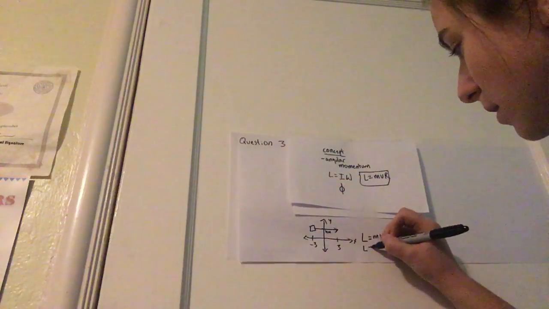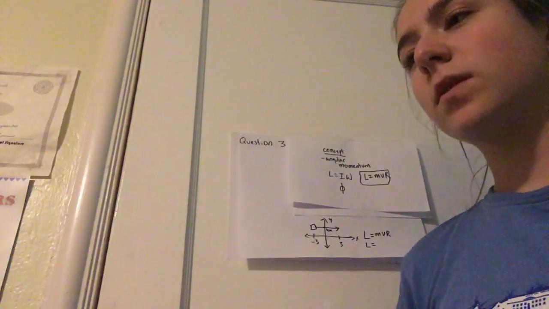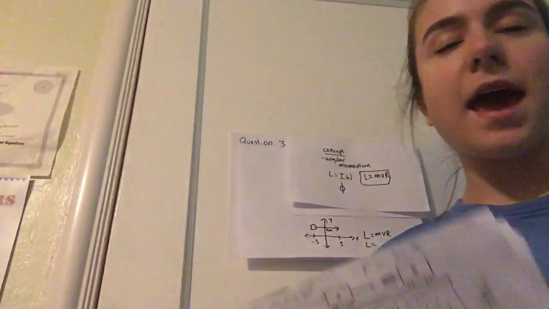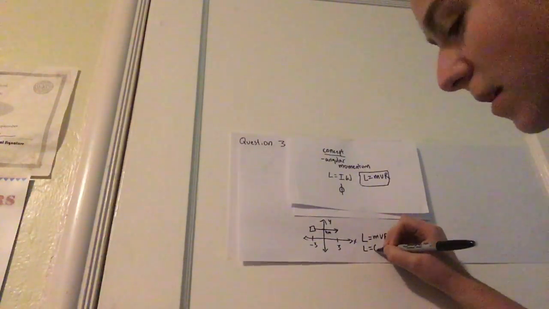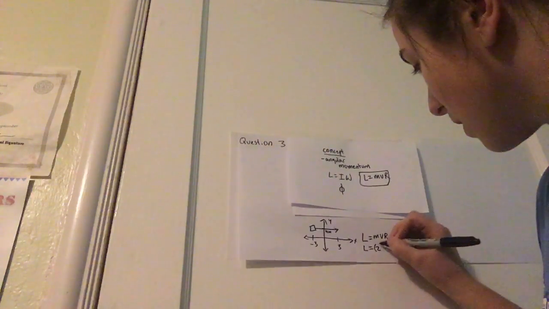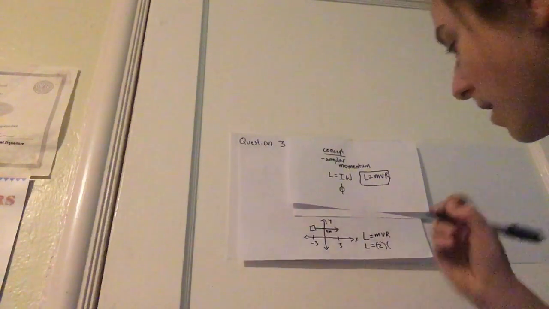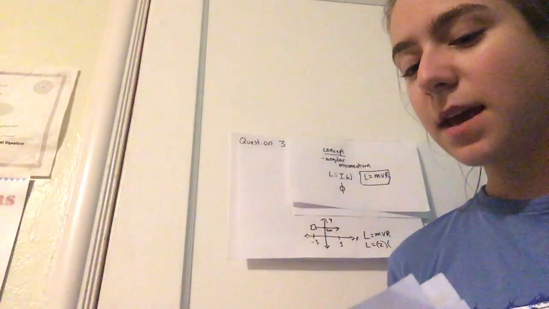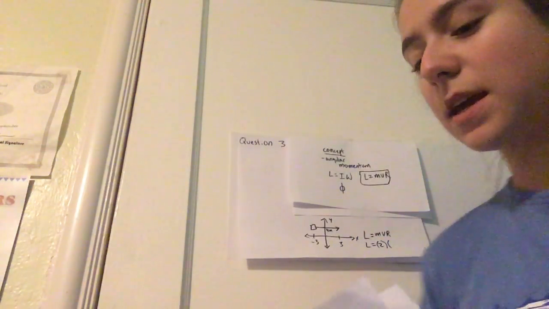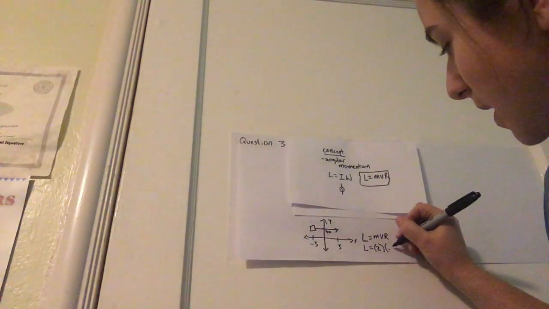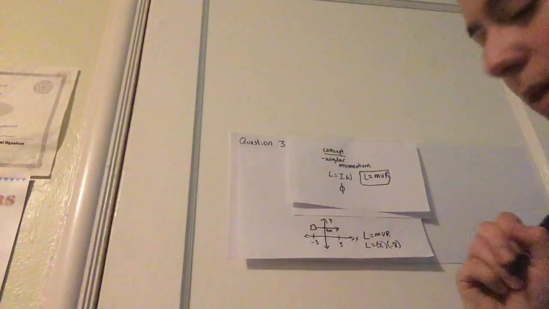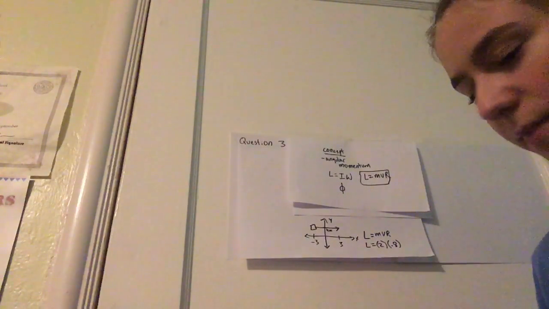So first, m, the mass of the object, and they give us that the mass is 2 kilograms. I'm just going to put 2 there. Then for the velocity, they say that it is going at a speed of 0.8 meters per second.